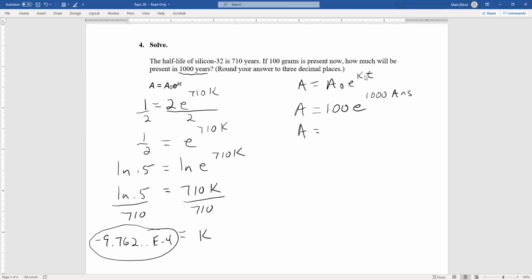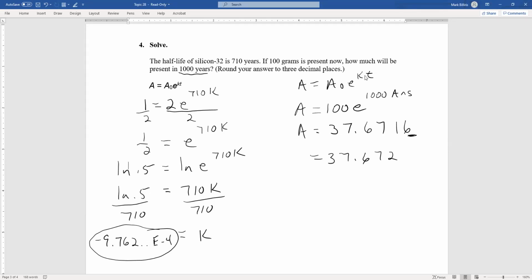So A would equal 37.671. It says round to 3 places. So since 6 is to the right of my third place, that means I'm going to round up. So my answer would be 37.672.